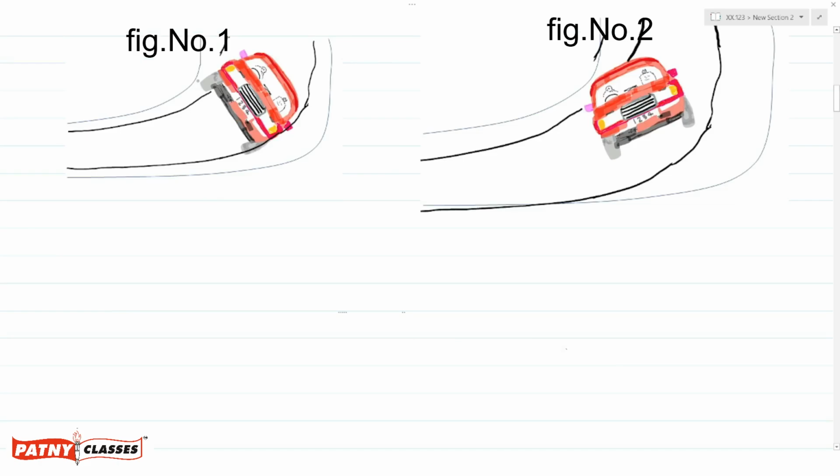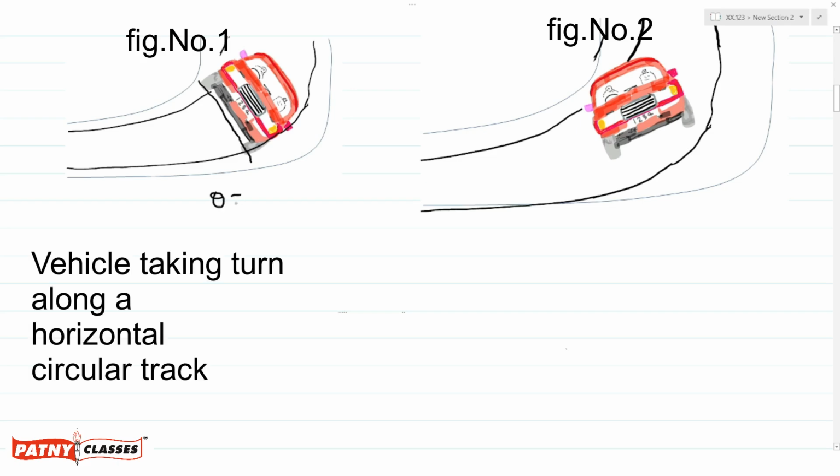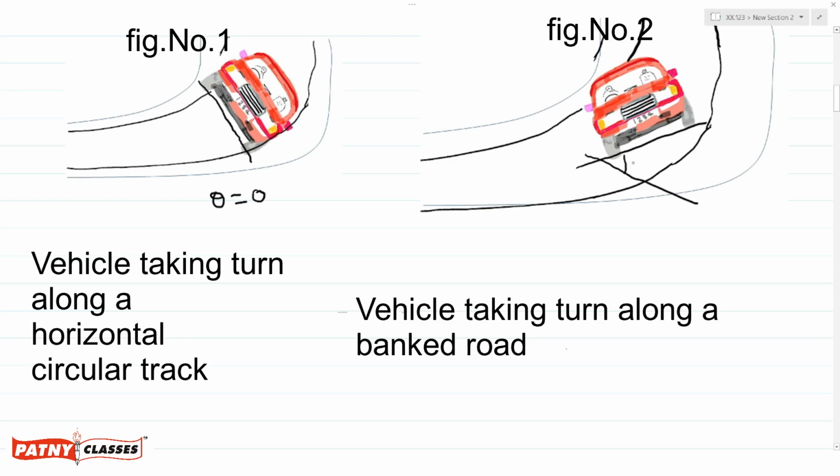In the horizontal circular road, the angle between the car and the road is 0, so theta equals 0. And in the banked road, there is an angle between the horizontal surface of the road and the vehicle, theta. Theta is called the angle of banking.